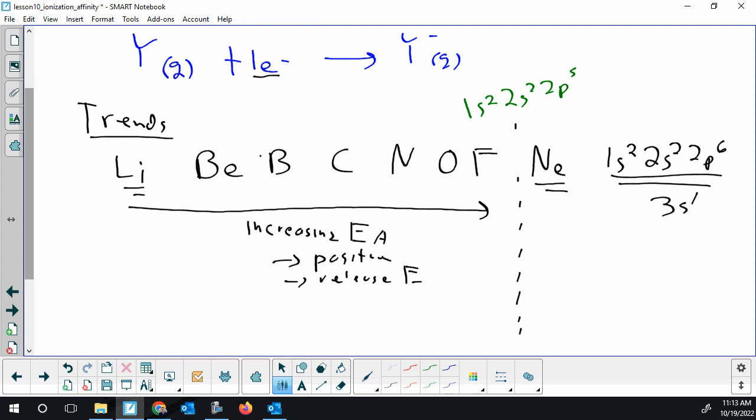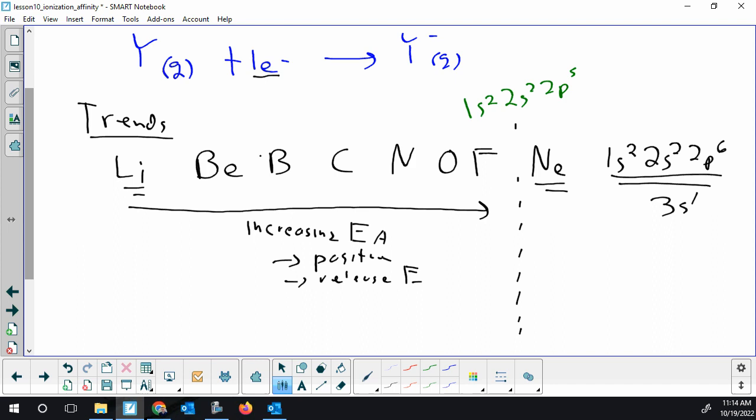Everything from lithium to fluorine has room in the second energy level to add in another electron. So you work your way across, there's room, lithium to beryllium to boron to carbon, and there's a greater and greater energy release, a higher electron affinity, all the way to fluorine, which of the period has the greatest attraction, and then bang, it stops with neon because there's no more room.